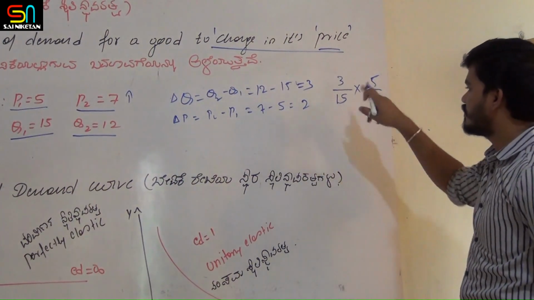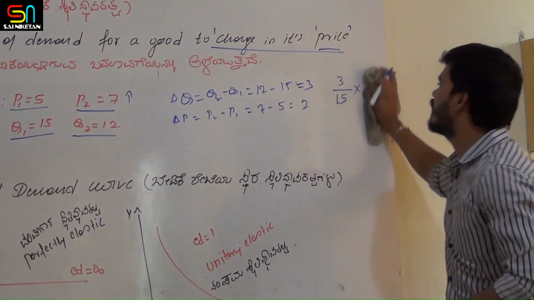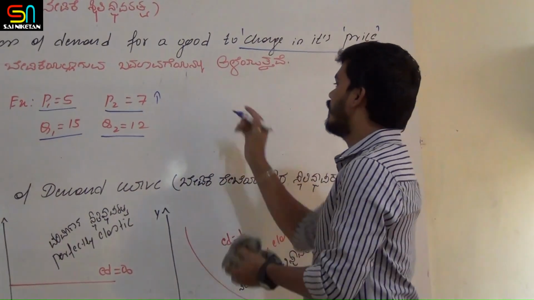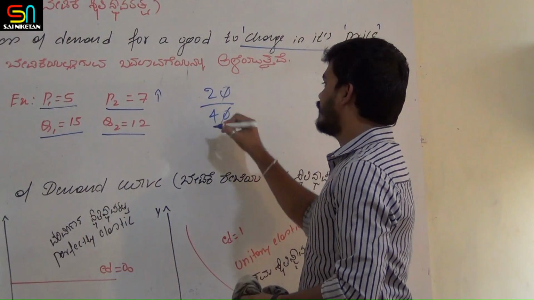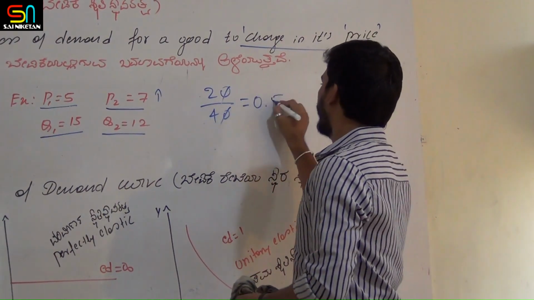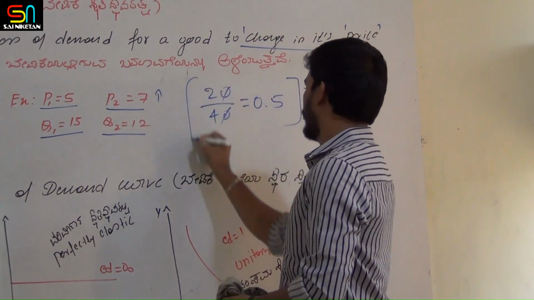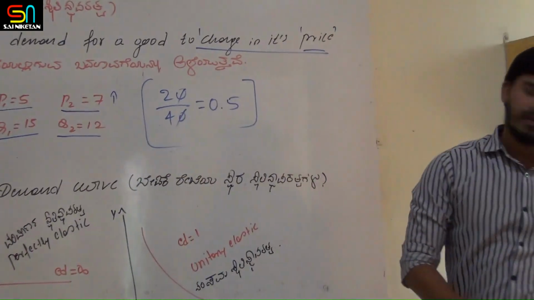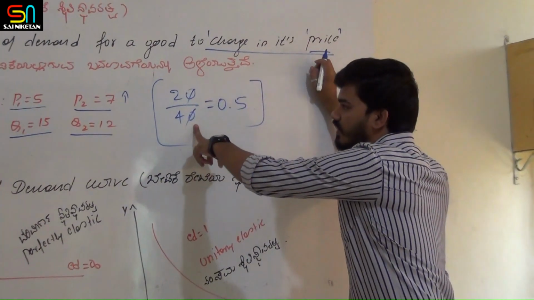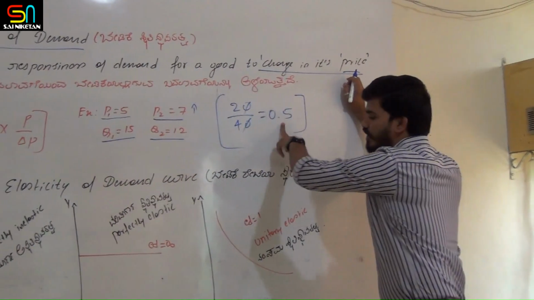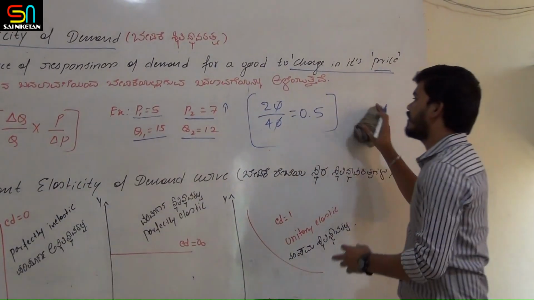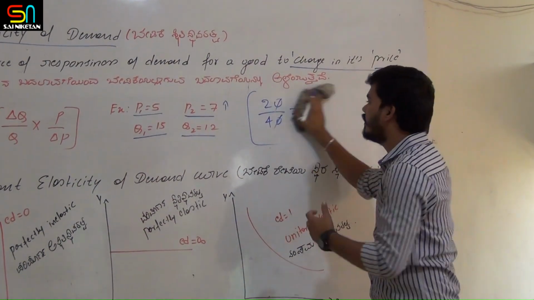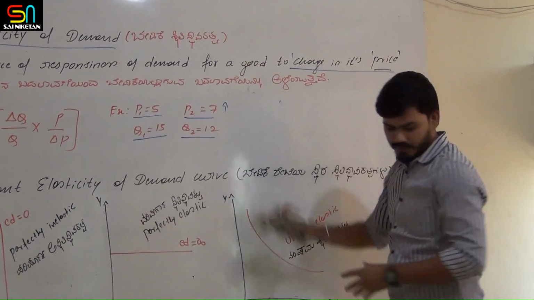If you substitute the values, you get 20 divided by 40. If you substitute the value, you will get 0.5. If you do not understand how we get this 20 divided by 40, we have one more easy formula.